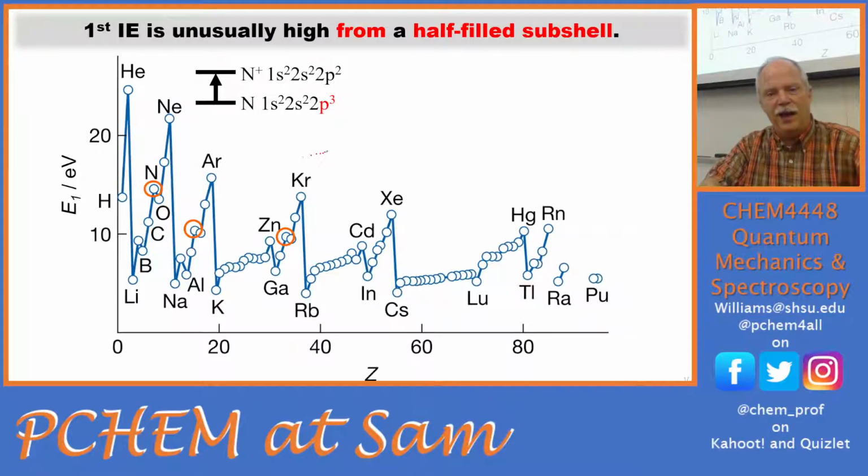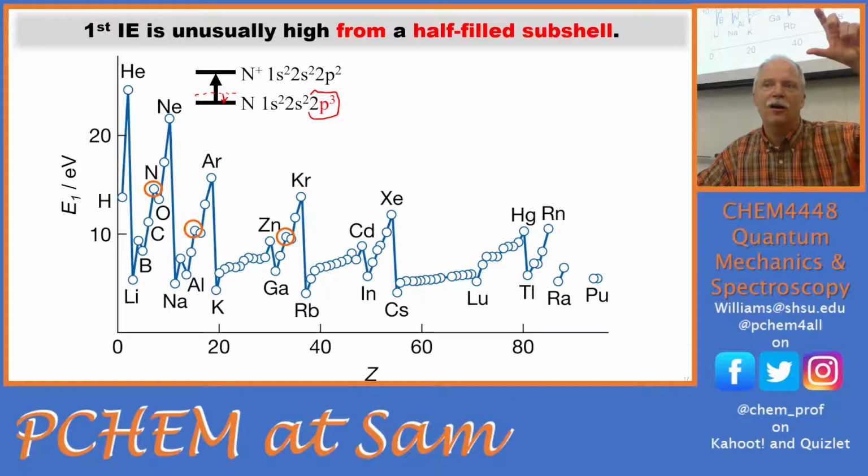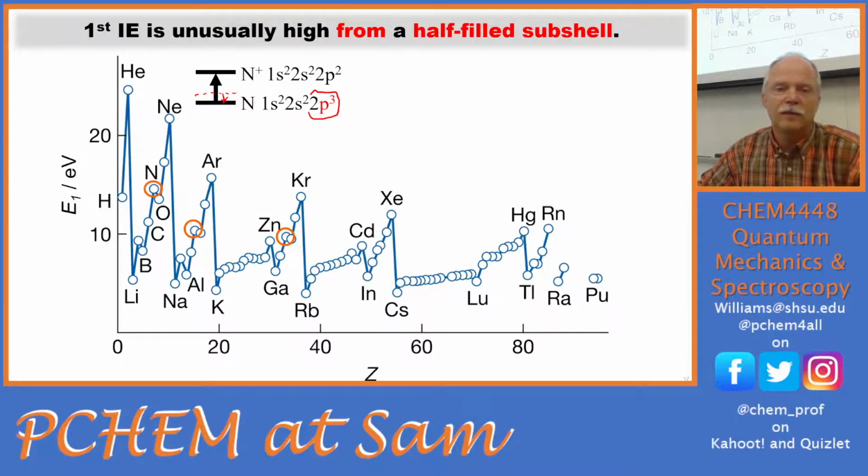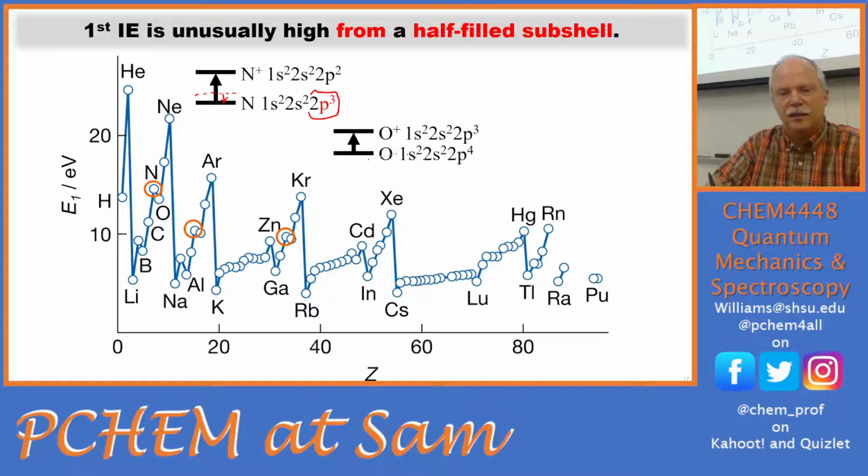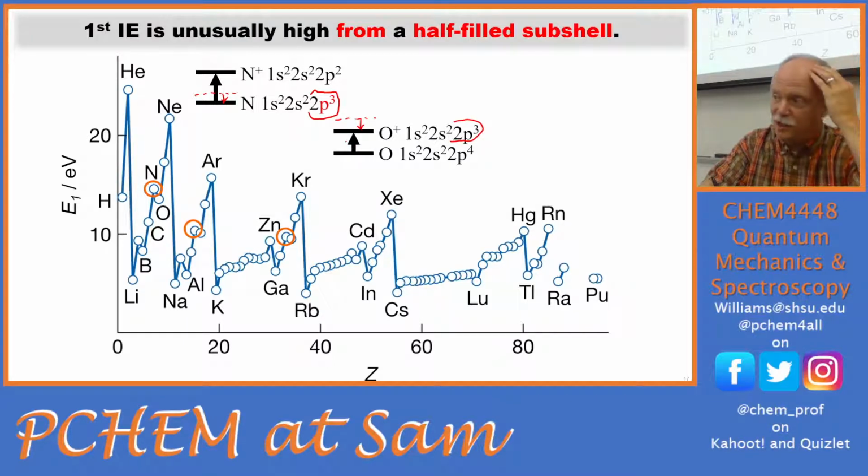So here we have that half-filled subshell, the 2p3, and so that means that the neutral has been stabilized a little bit because it's half-filled. That makes the black arrow longer than we expect. Whereas in oxygen, the cation has the 2p3, and so the cation has been stabilized. And if you stabilize the cation, then that black arrow is shorter than you expect, and so it's easier to ionize.